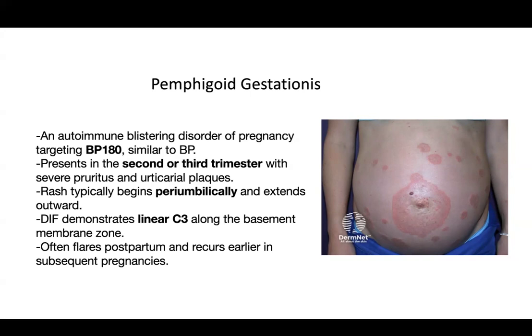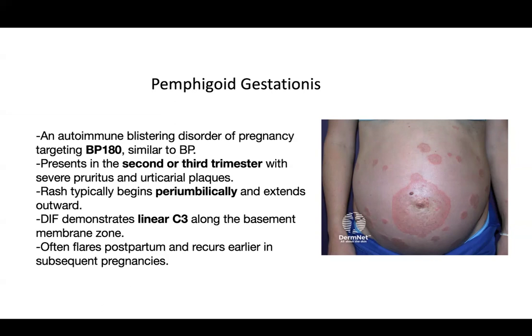When we take a biopsy, it will show similar findings in the histopathology, with a similar level of separation as bullous pemphigoid. Also, the DIF shows linear deposition of C3 mainly.